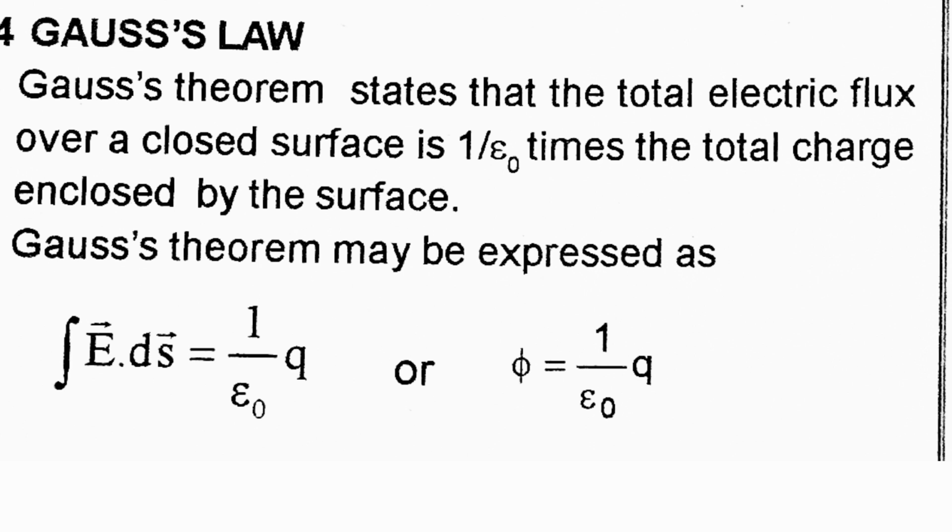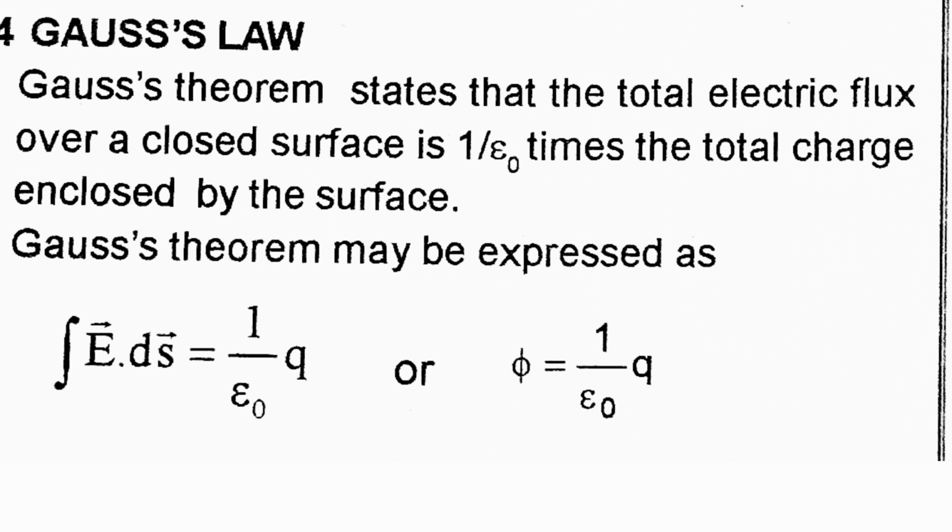That means according to Gauss's theorem, the total electric flux, meaning the total number of lines of force passing through that area, will be equal to 1 by epsilon 0 times the total charge enclosed by the surface. Here we have to always consider a closed surface, and this law gives the relation between the charge and flux. So it is more fundamental than Coulomb's law.